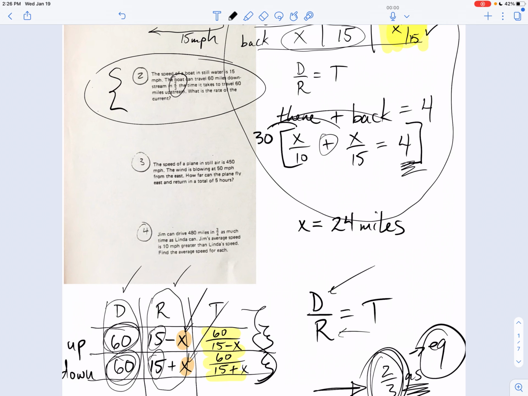But I do know that if they say upstream, the current works against me. That's why it's negative or minus. If I'm going downstream, it works with me. That's why it's a plus in this case.